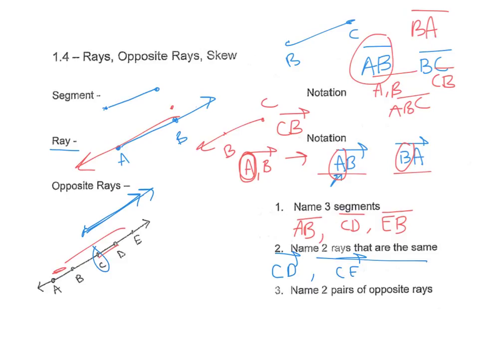Next one, name 2 pairs of opposite rays. Opposite rays have the same endpoint, but they go in opposite directions, and they have to make a line.